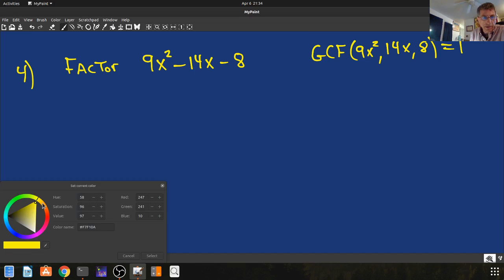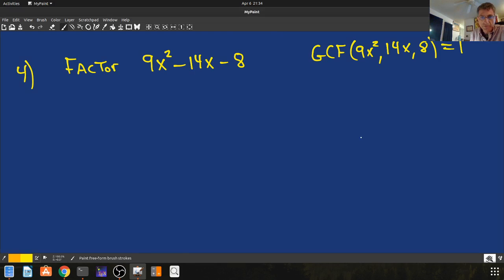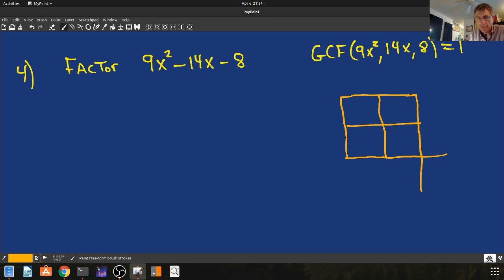So we're going to do my table method. So again, we'll write our little box over here. And up here goes 9x squared. And this is minus 8.